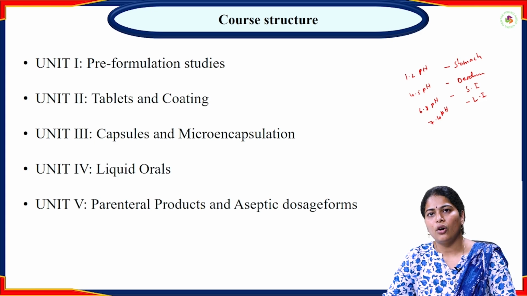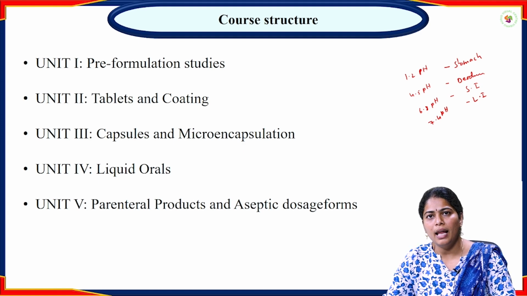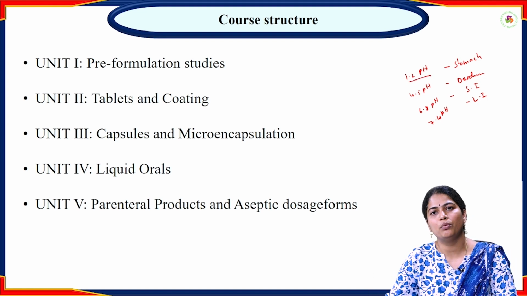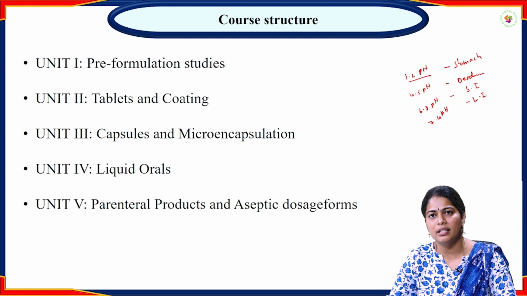By checking the solubility, initially we will decide which place is suitable to solubilize and release the drug in the GIT. So for example, if the drug is soluble in 1.2 pH, we will prepare a dosage form that should dissolve in the stomach, release the medicament in the stomach and be absorbed from the stomach.